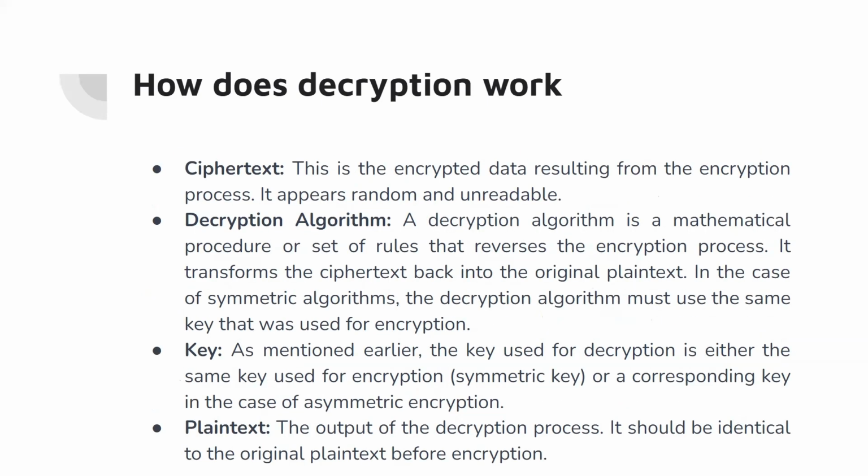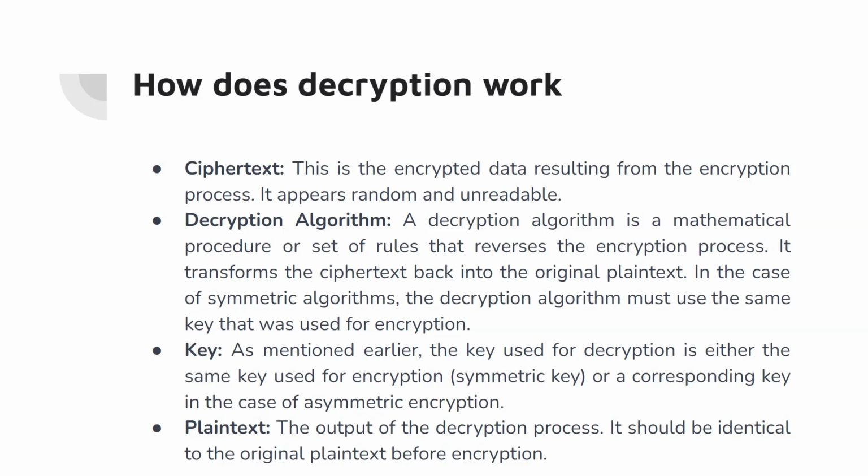The process of decryption starts with the ciphertext that is generated via encryption. The goal is to return this to its original usable form. The algorithm used should be the same one that is used in encryption.